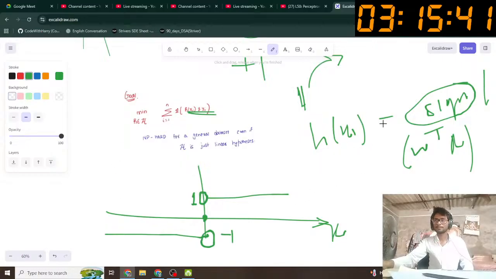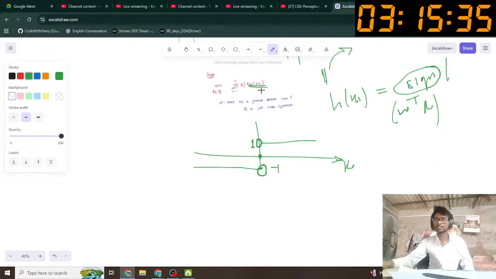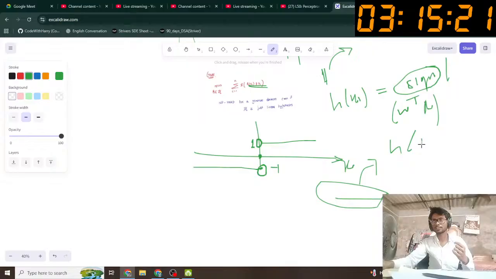So h of x is simply signum of w transpose x, and we are comparing h of xi with the actual label. For our data set we have xi and y, and we calculate h of xi and compare whether it is equal or not.